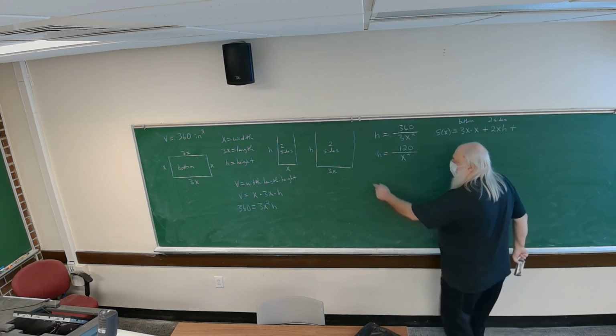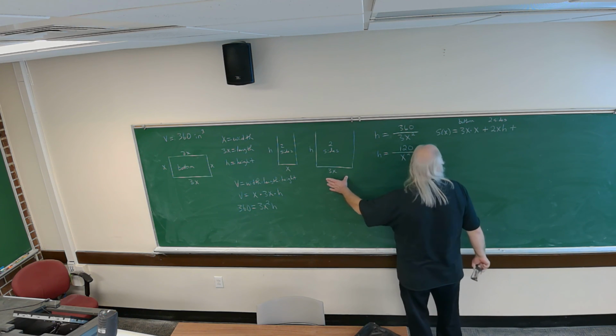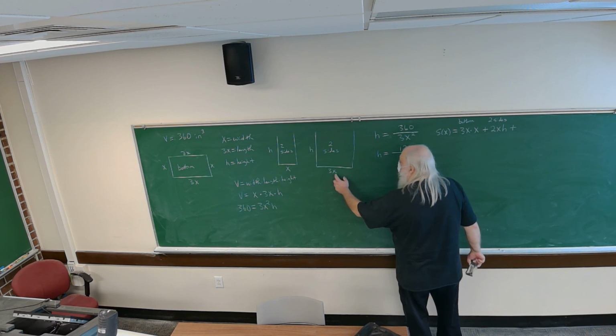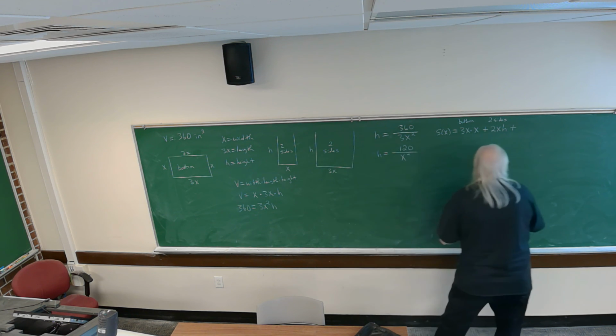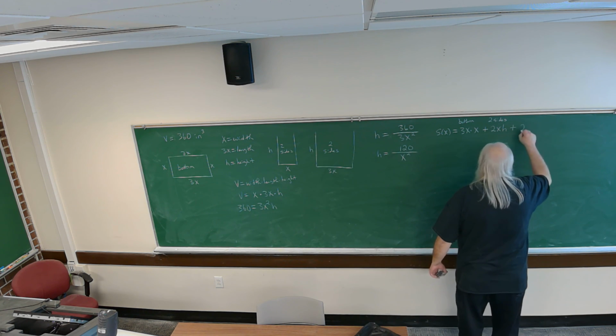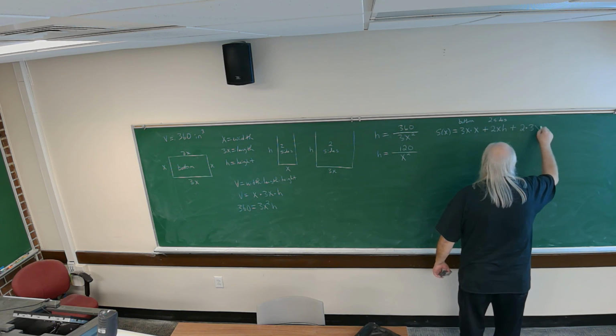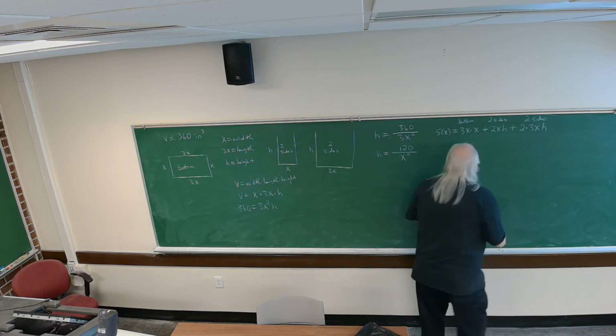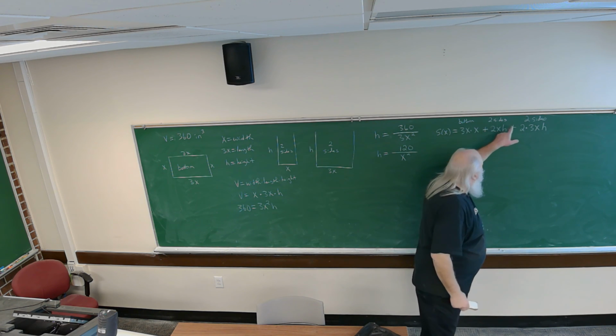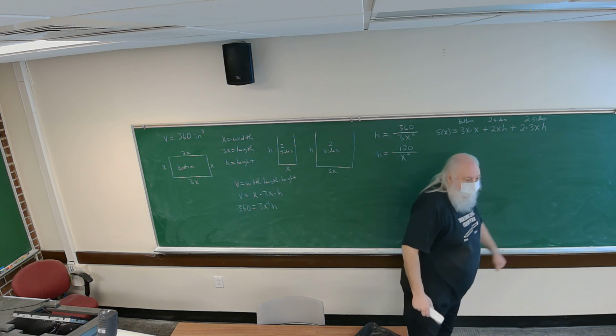And then the surface area for this wide side is 3x times h, but there are two of them. So now we have the surface area for the bottom, the two narrow sides, and the two wide sides, okay?